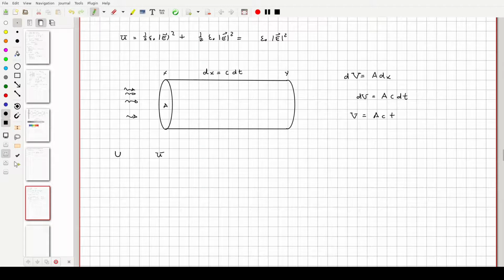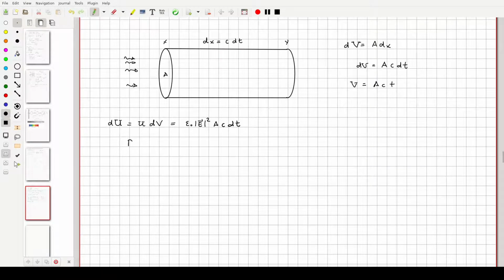The total amount of energy trapped inside my volume, I'll call it dU, would be equal to u times dV, which is epsilon naught E squared times A times c times dt.